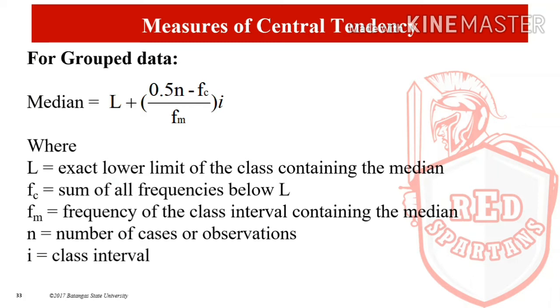Then, yung ating F sub C ay yung sum ng lahat ng frequency na below sa lower limit. Then, yung ating F sub M, yung frequency ng class interval containing the median. Then, I is the class interval. So, yan yung ating gagamiting formula sa pagkuha ng median kapag group data.